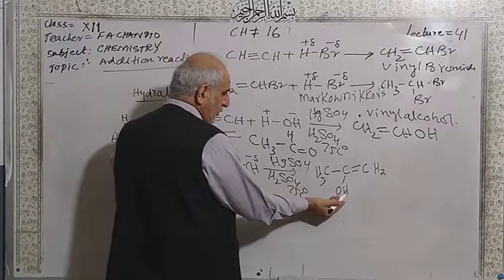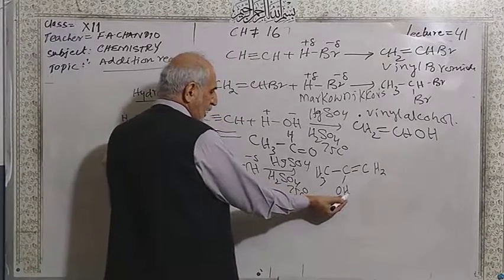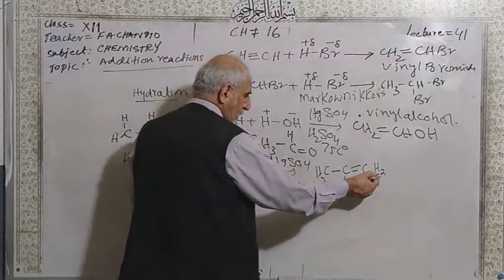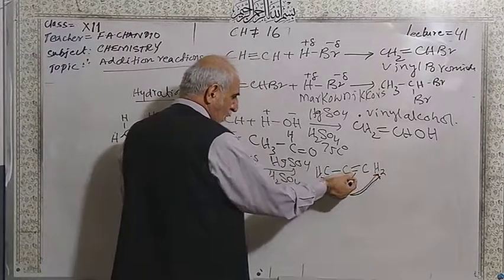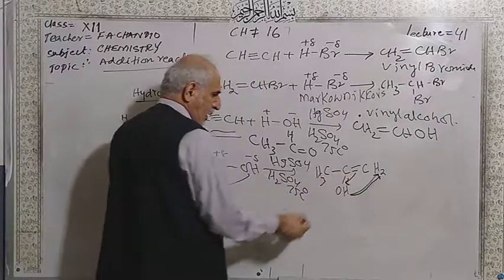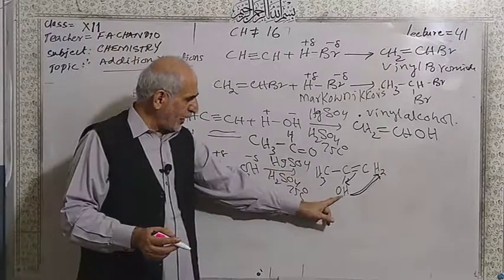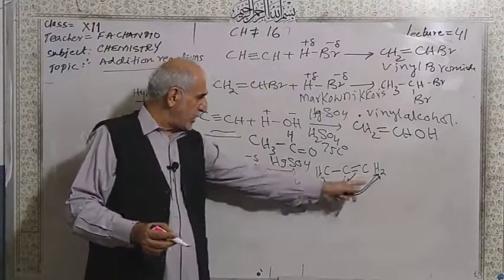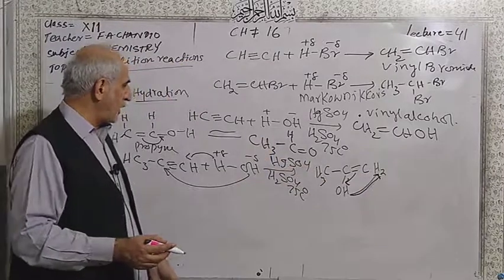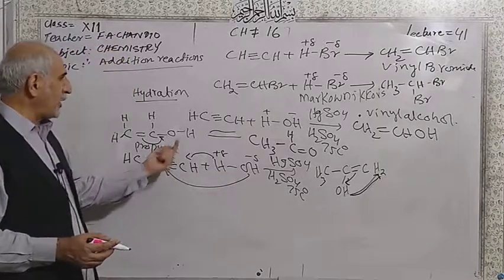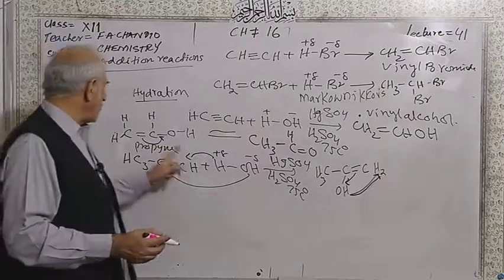This hydrogen shifts towards this carbon and the pi bond is shifted between the carbon and oxygen. This hydrogen attached to the OH group, just as I told you before for the rearrangement, is going to be attached there.